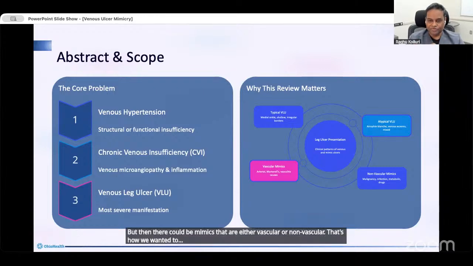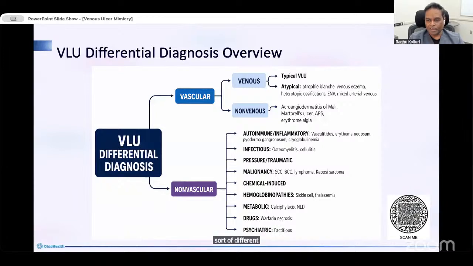That's how we wanted to differentiate this vast list of ulcers that we collected between Dr. Dean, me, and Dr. Fukaya. So again, typical VLU, atypical VLU, non-venous vascular ulcers, and non-vascular ulcers.